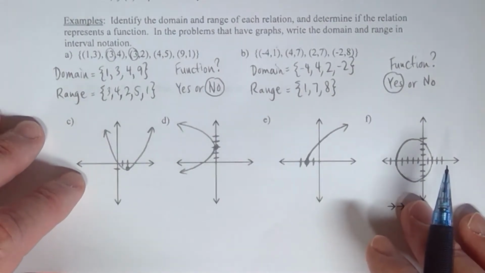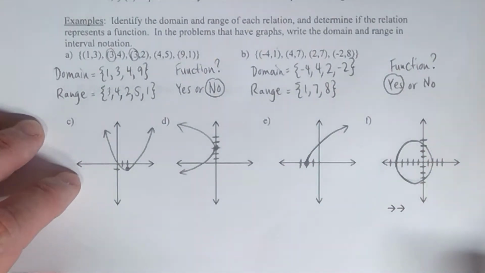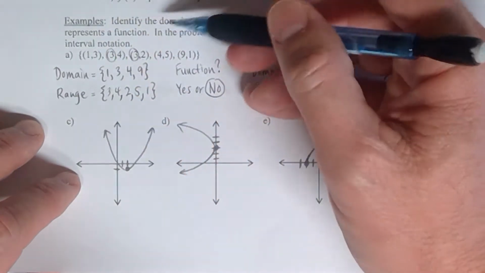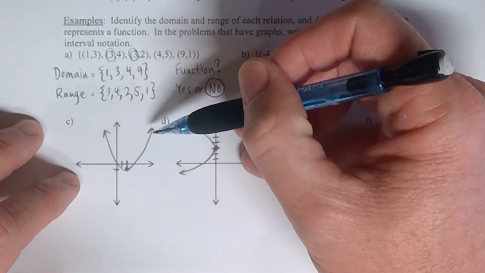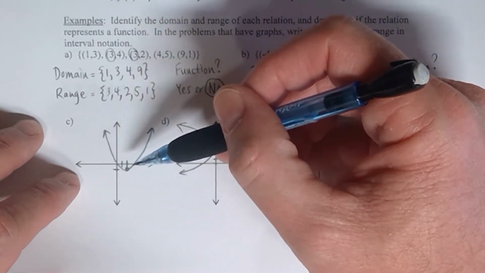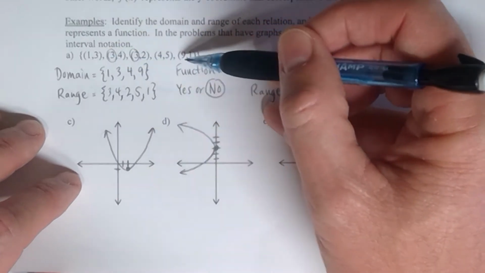Okay. So what do we do with these graphs? Well, please remember, you guys, and this is the key thing, graphs are relations too, because a graph has a bunch of points on it. And so it is a relation also. It's a bunch of ordered pairs, just like this right here is a bunch of ordered pairs.